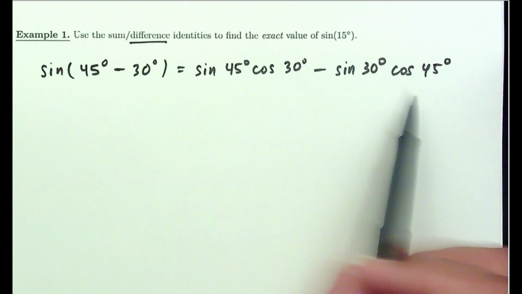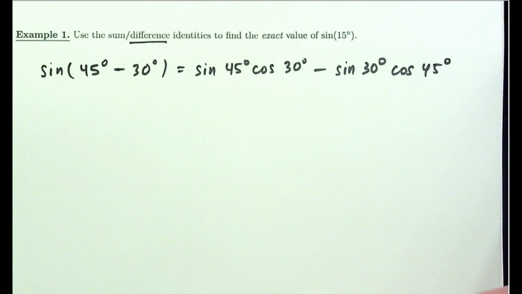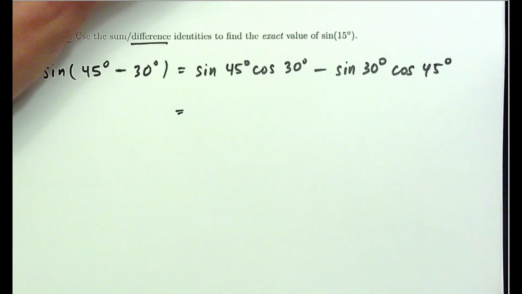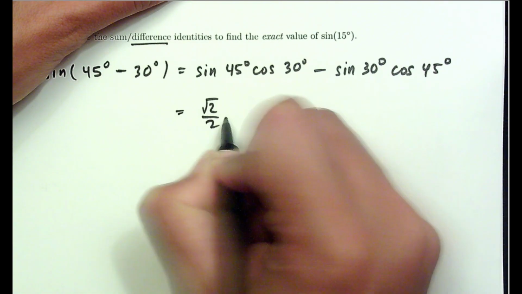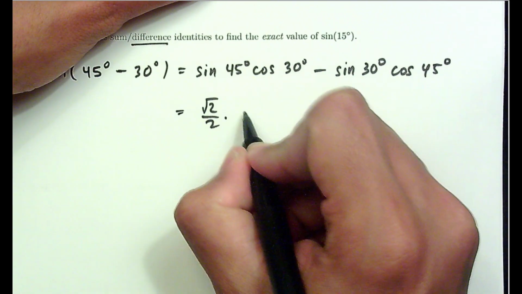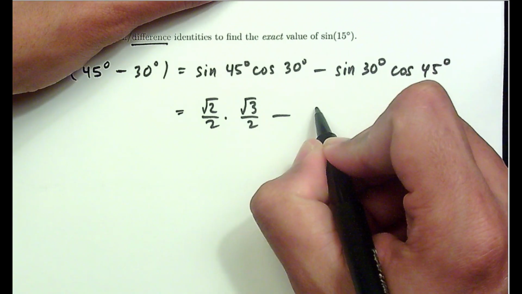And now these are special angles. Those you're supposed to know by heart, by memory. And just write down what we get. Let's see. Sine of 45 degrees is square root of 2 over 2. Cosine of 30 degrees is square root of 3 over 2. Sine of 30 degrees is a half.